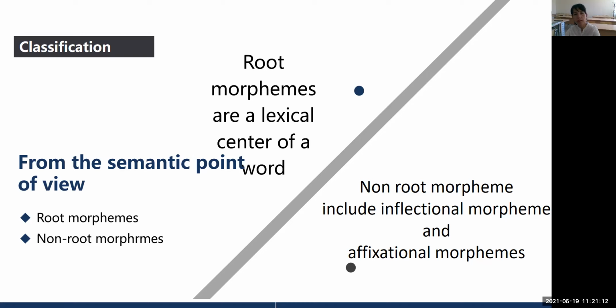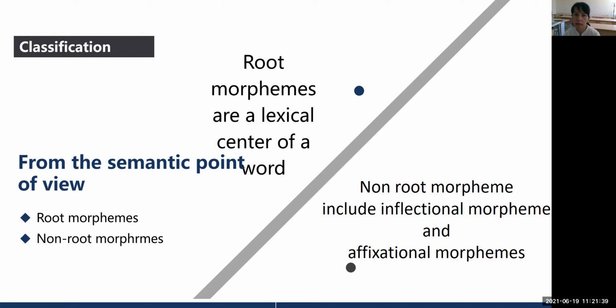According to the semantic point of view, morphemes can be root morphemes and non-root morphemes. What is a root morpheme? Root morphemes are the lexical center of a word. Non-root morphemes include inflectional morphemes and affixational morphemes.